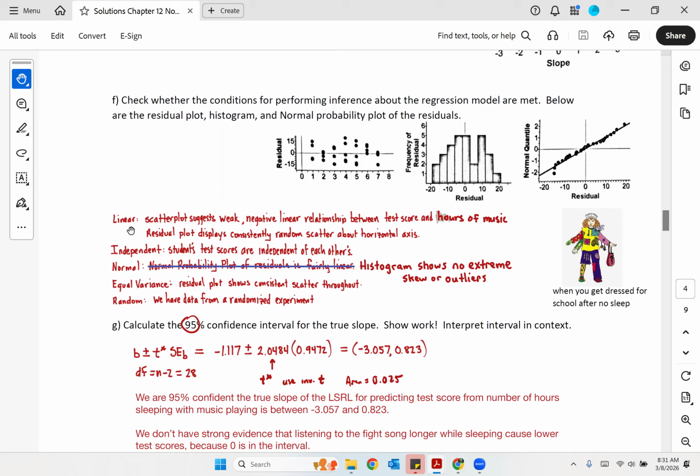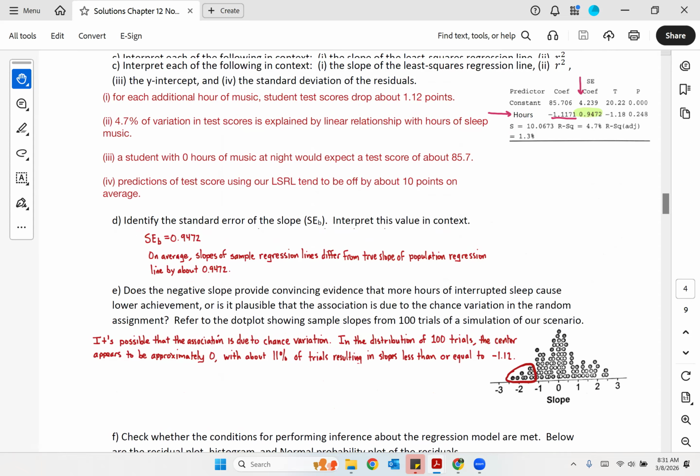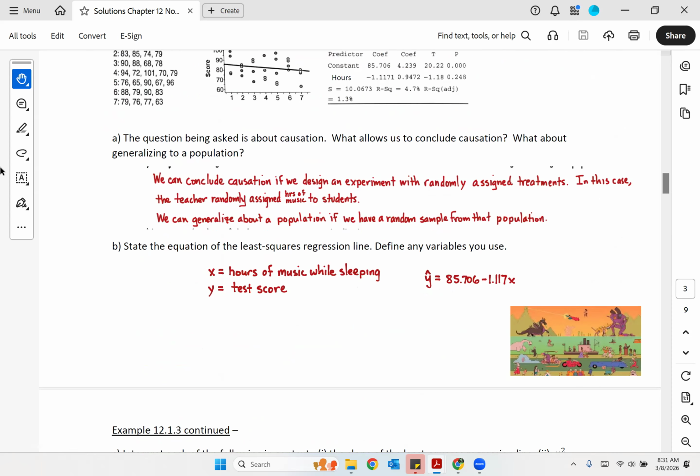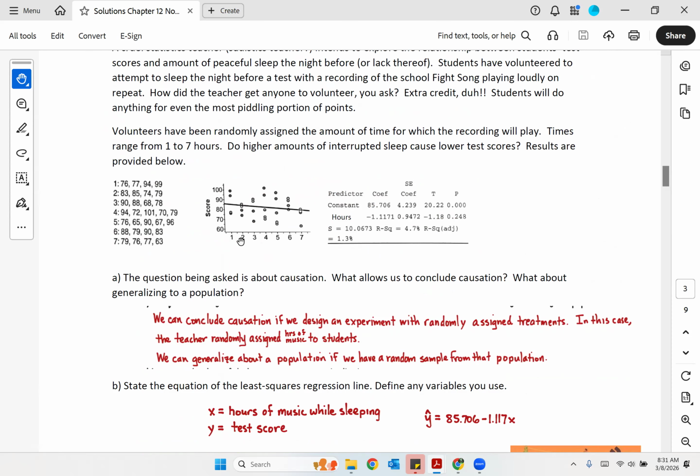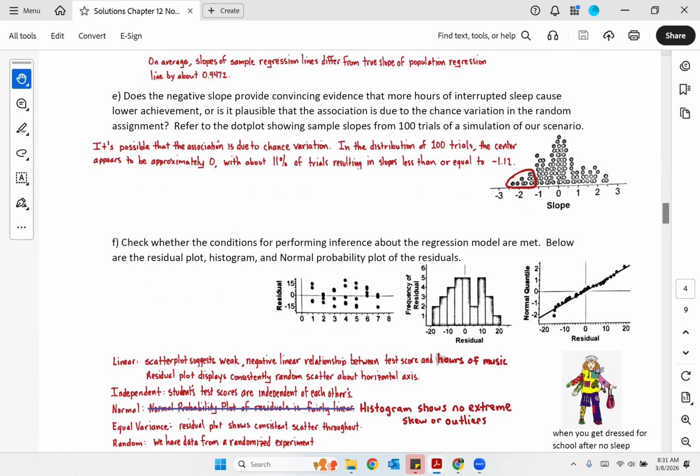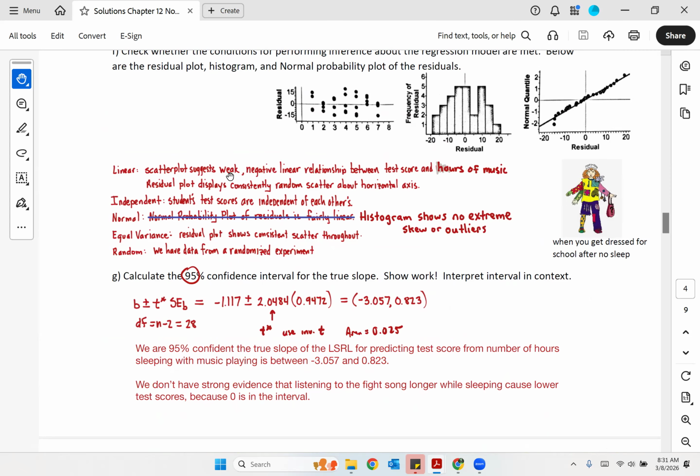I don't see it here. We'd have to go back up a page or so to look at this graph right here and make a commentary on direction, form, and strength. And that's what we're doing. The scatter plot suggests a maybe weak, maybe mid, negative linear relationship between, and then we got some context between test score and hours of music.